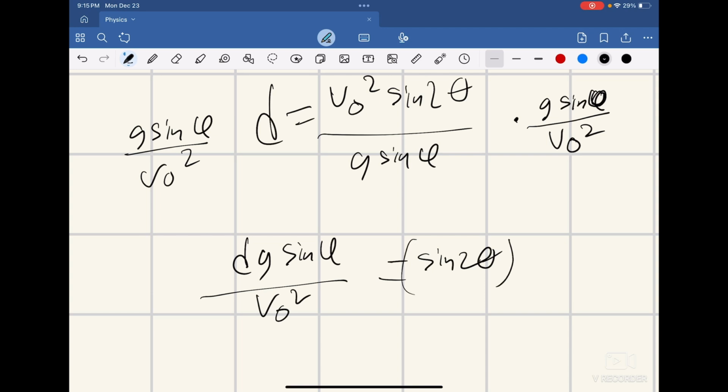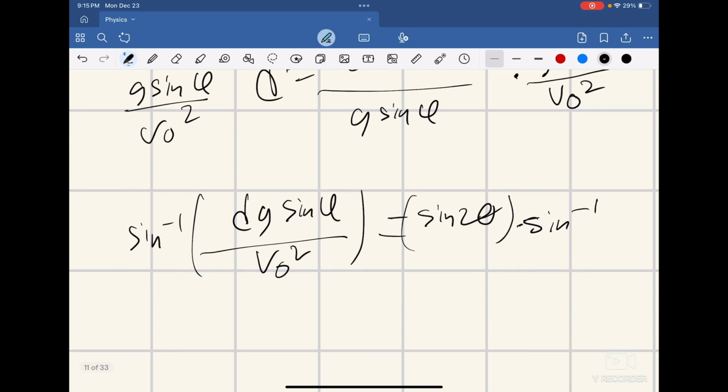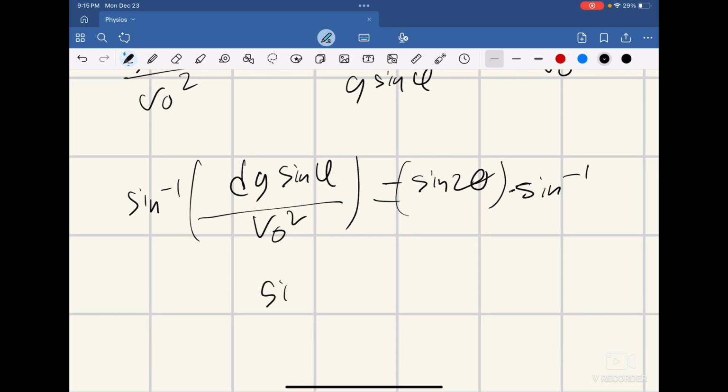And now we can just inverse sine both sides, and that'll give us sine inverse of G D sine phi over V initial squared is equal to 2 theta.